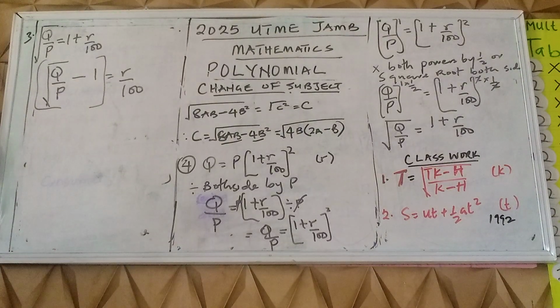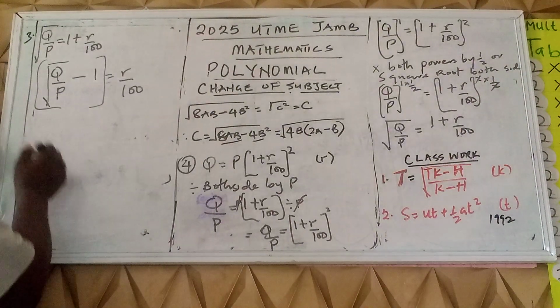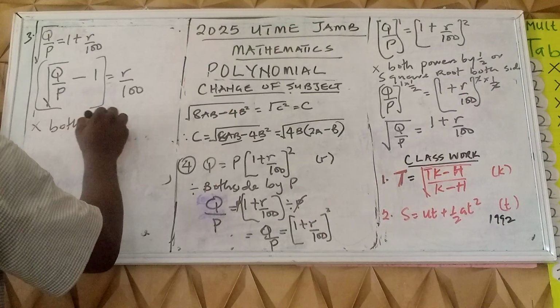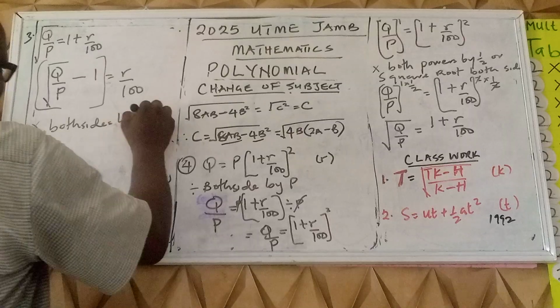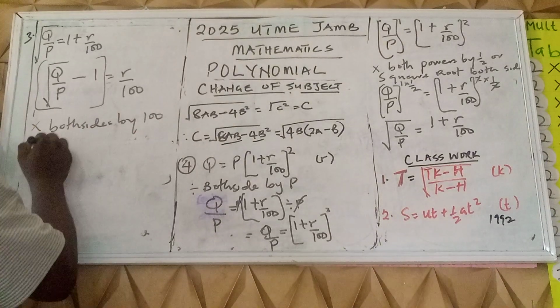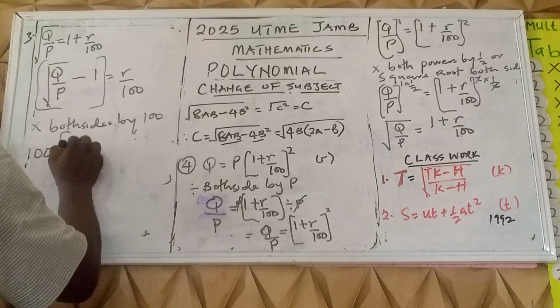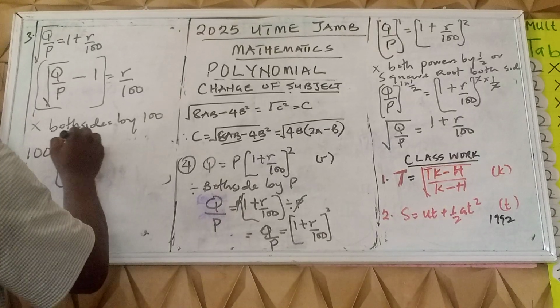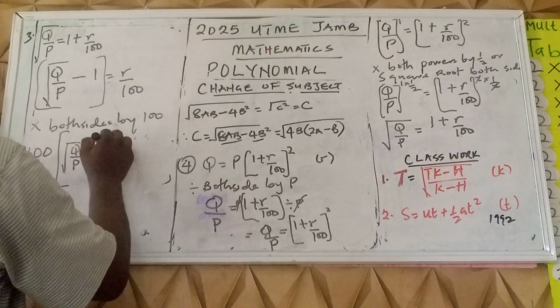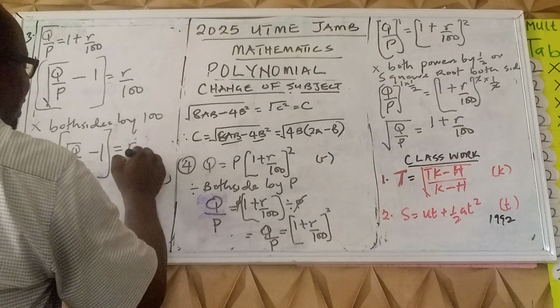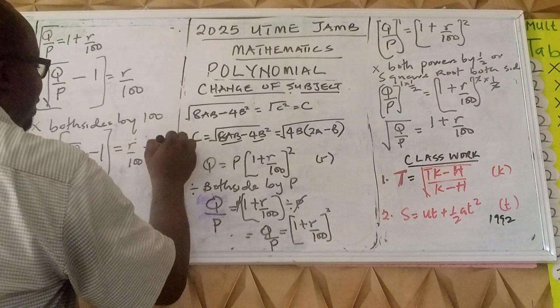I want to make my R the subject of formula. So what do I do? Multiply both sides by 100. So I have 100 multiplied by the square root of Q over P minus 1 is equal to R over 100 times 100.